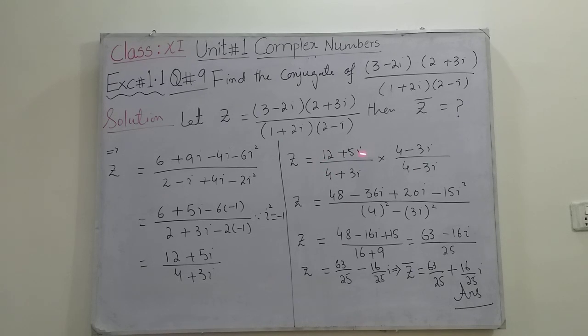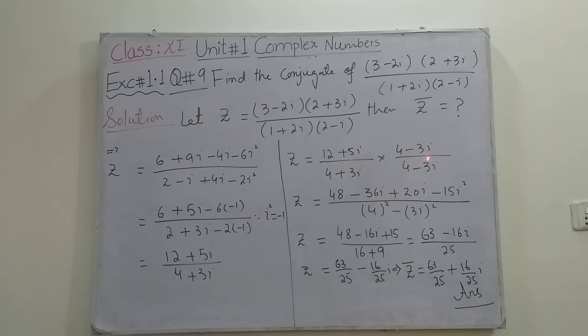So multiplying 12 with 4 minus 3 iota, we have 48 minus 36 iota. Multiplying 5 iota with 4 minus 3 iota, we have 20 iota minus 15 iota square. For the denominator, we have a plus b into a minus b, which is equal to a square minus b square. So here we have 4 square minus 3 iota square.